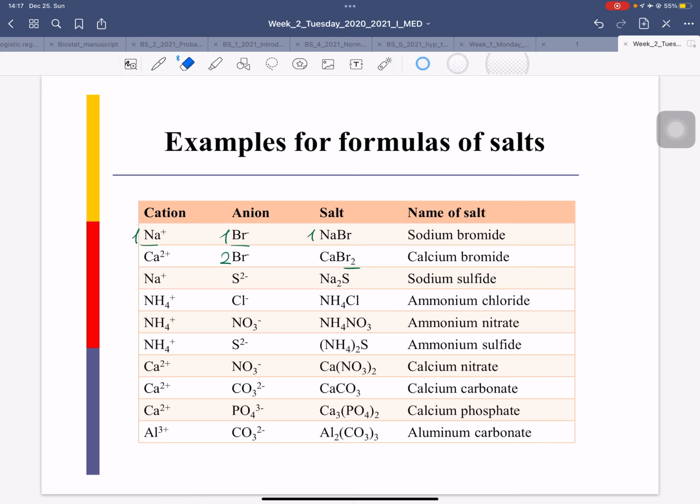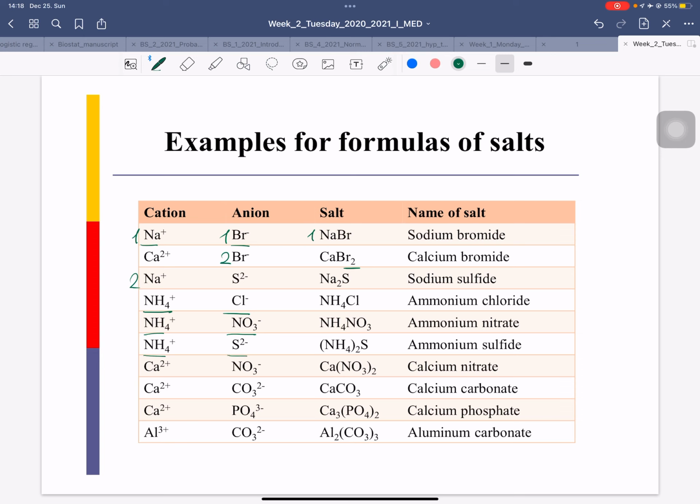And for Na2S, I give 2 to the sodium, then sodium comes here. Now we have two sodium, I write 2 sodium at the back. Both of them are 1, and we don't need to do anything. Again, ammonium chloride and ammonium nitrate are the same.